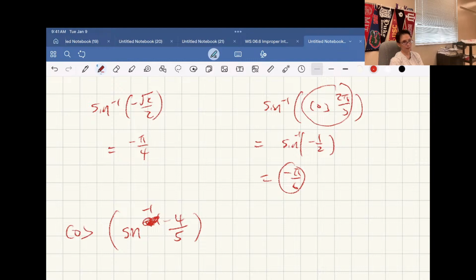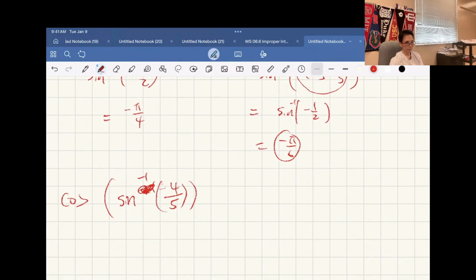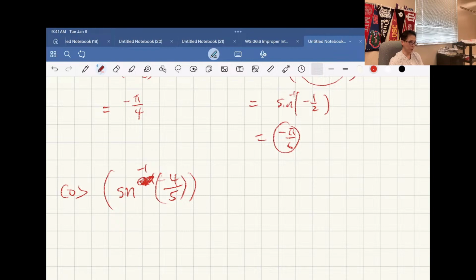Do you guys know how to do this? How do I do it? Good, good, good. Which quadrant do I graph it? The fourth one. I like that. Fourth one is good.